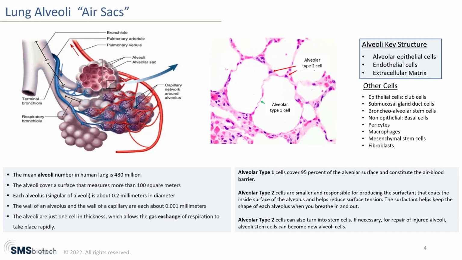There are other cells that are extremely important too, such as the endothelial cells that provide for the capillaries and the blood supply, and also the extracellular matrix, an important component that makes up the wall of the alveolus and maintains its structure and integrity.